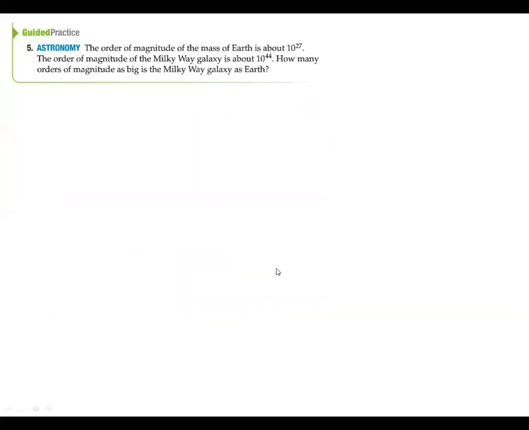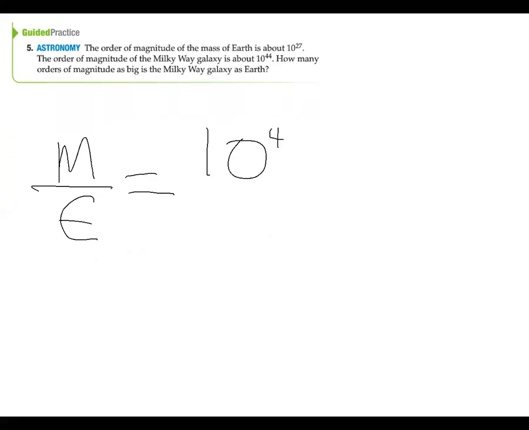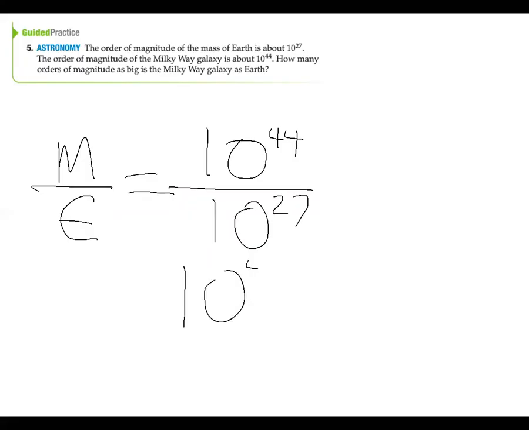All right. So the order of magnitude of the mass of the Earth is about 10 to the 27th. The order of magnitude of the Milky Way galaxy is about 10 to the 44th. How many orders of magnitude is the Milky Way galaxy as the Earth? So we're going to do Milky Way over the Earth. The Milky Way is 10 to the 44th. The Earth is 10 to the 27th. So it's 10 to the 44 minus 27.